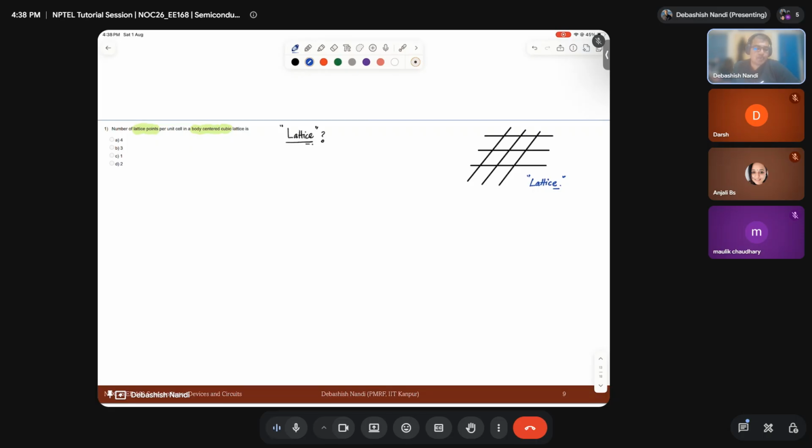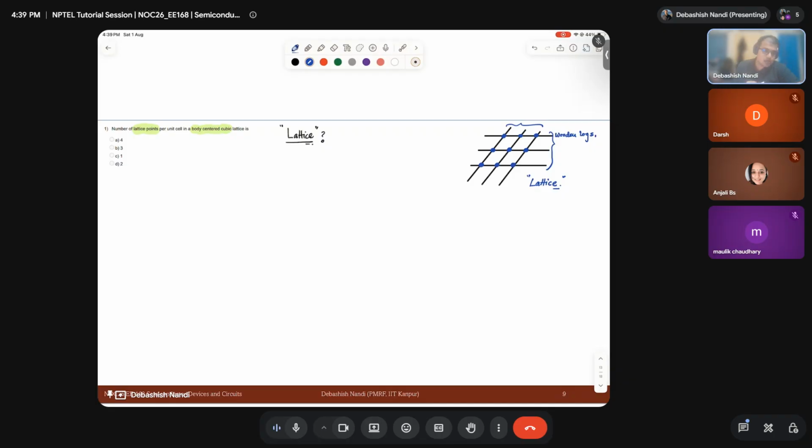It has to be some sort of periodic arrangement in a 2D space, at least in 2D space. Even in 1D we can have lattice, but let us understand it in 2D space. And these points are nothing but wooden logs, stacking one row on top of another, column like that, and these points are called lattice points.